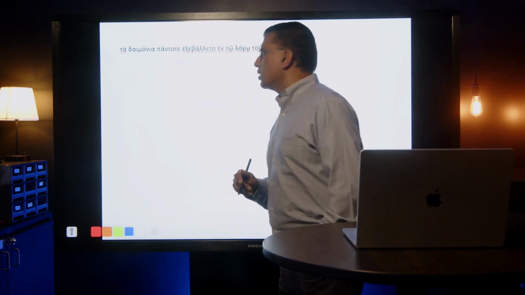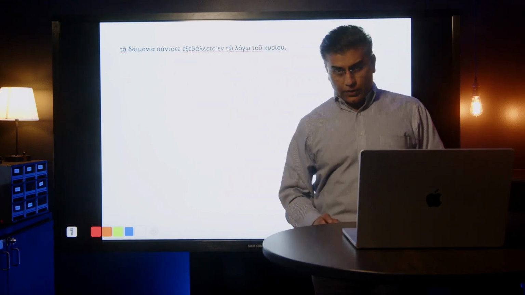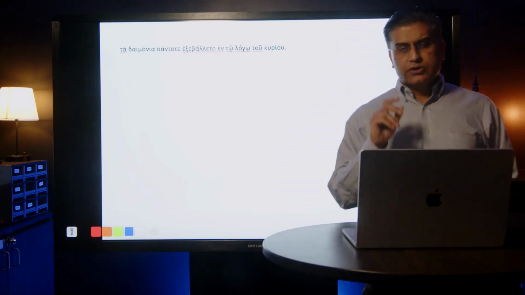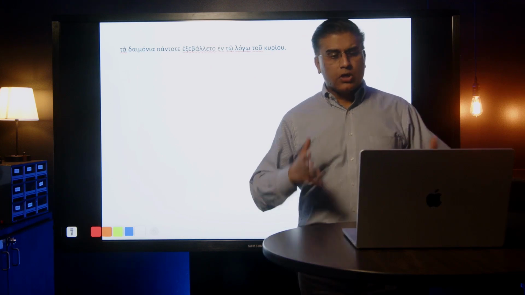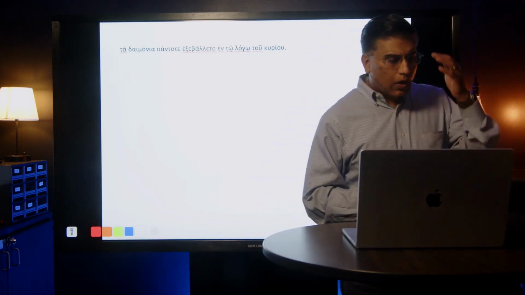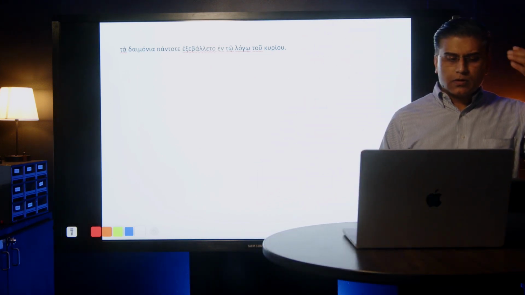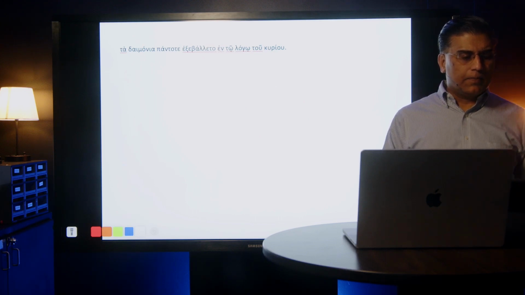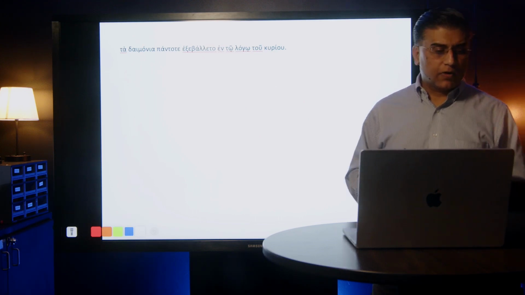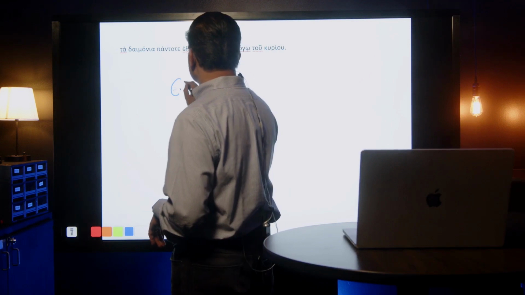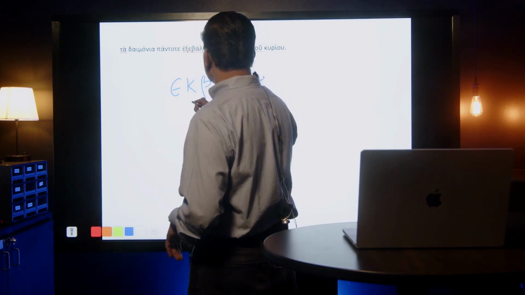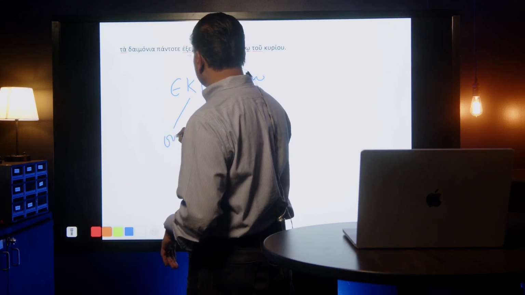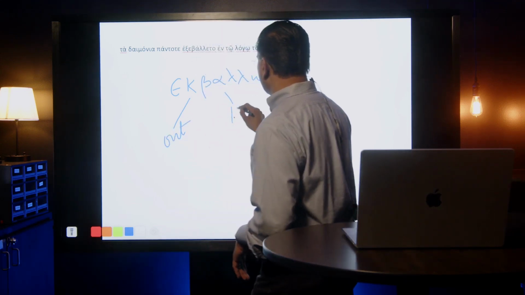Ta daimonia pantote exebaleto en tō logō tou kuriou. Ta daimonia pantote. Pantote, always, we know that much. So the demons, daimonia, that's plural. So demons were always exebaleto. This is coming from ekballo. Two different words, out, throw.